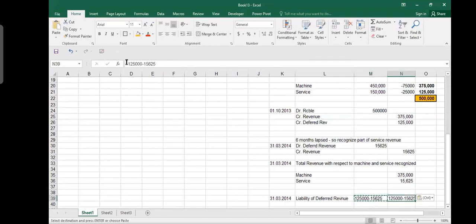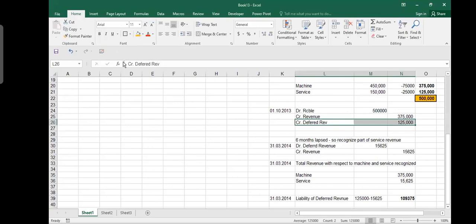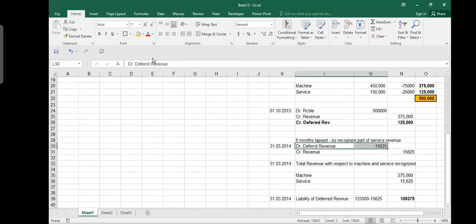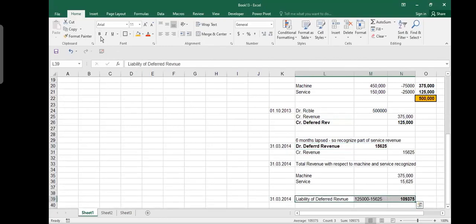This is my remaining liability, 109,375. That is your deferred income remaining, because initially you credited 125, but then you made a debit of 15,625. So your outstanding deferred revenue, which is your liability, is 109,375. But you should not stop here.